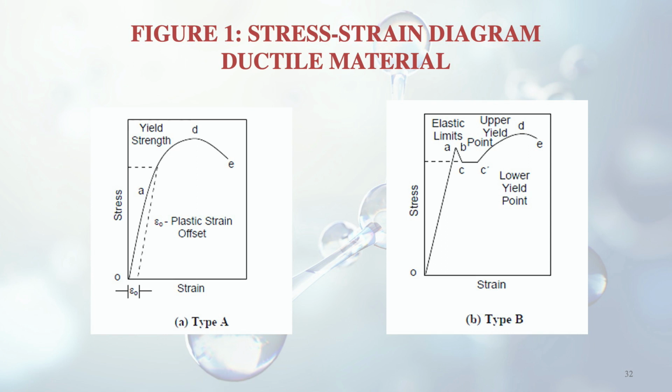One more very important thing that we need to understand in this figure is that from O to A is also called the limit of proportionality, meaning again that it's a linear relation. After that, still elasticity is there up to a certain point, like you can see with the curved line, that it is representing elasticity, meaning the specimen after being loaded, when the load is removed, it will come back to its original position without any residual strain.